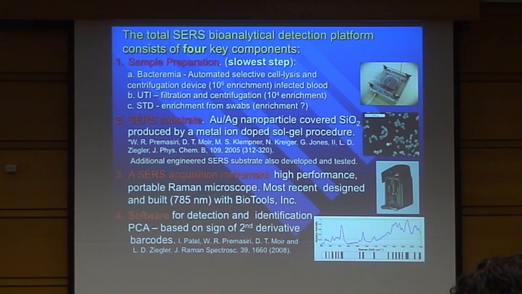I've built several prototype portable Raman microscopes, most recently built with a company called BioTools. And then software for detection and identification. And again, we've developed some novel multivariate data analysis approaches for enhancing identification of a bacterium spectrum within a library. And I'll just touch on that in a moment.